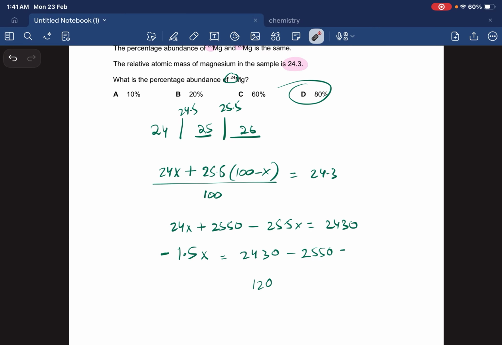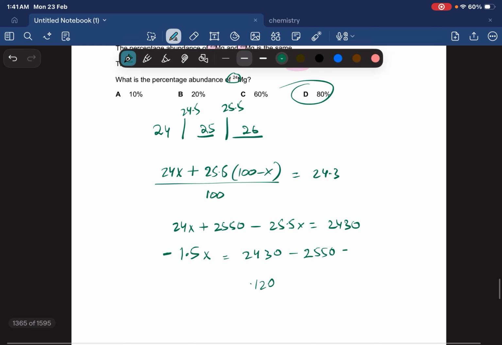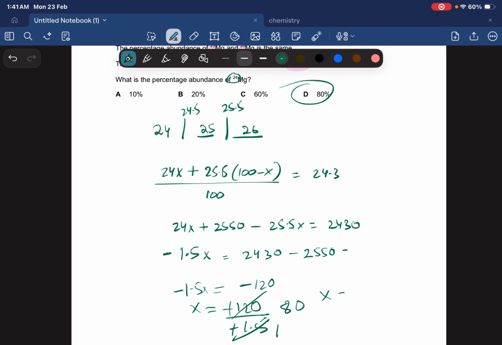Then it was a combination of this and this. I just solved the equation, and negative 120 equals negative 1.5x, so x equals negative 120 upon negative 1.5, which is positive 80. It was a simple maths problem.